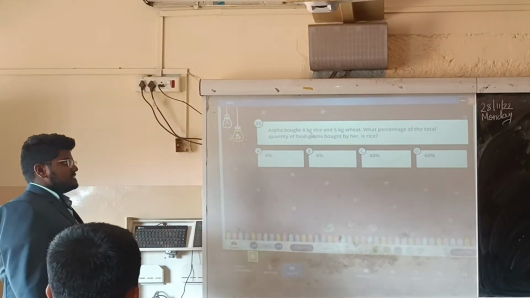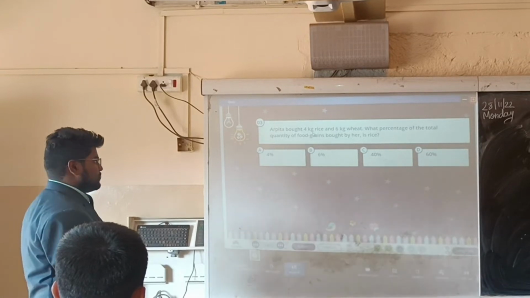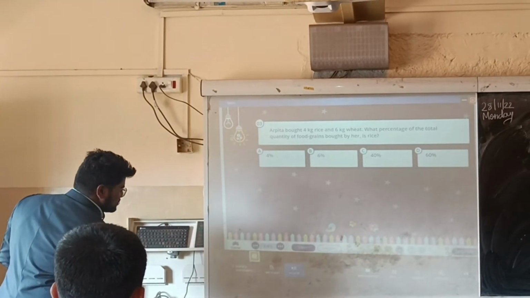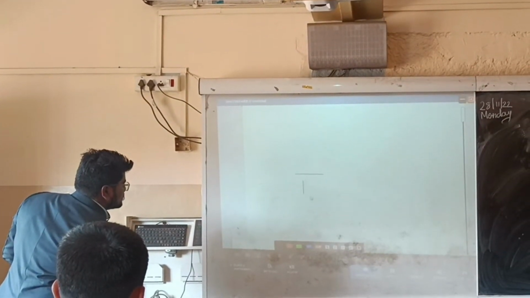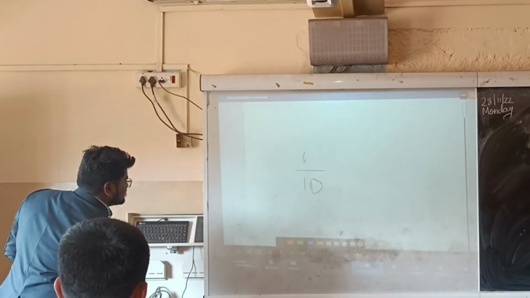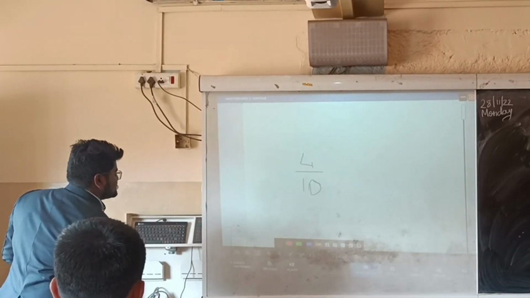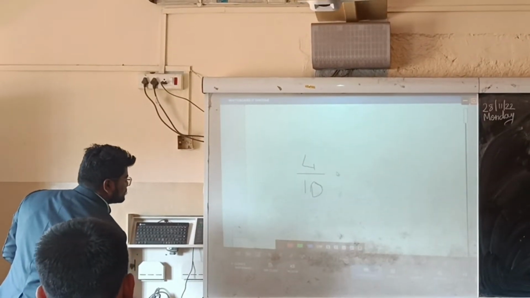So the total that she has bought of food grains is 10 kg because 6 plus 4 is 10. So the denominator of the fraction is going to be 10. Now, out of this 10 kg, how much is the rice? It is 4 kg. So we have to find how much is 4 of 10.